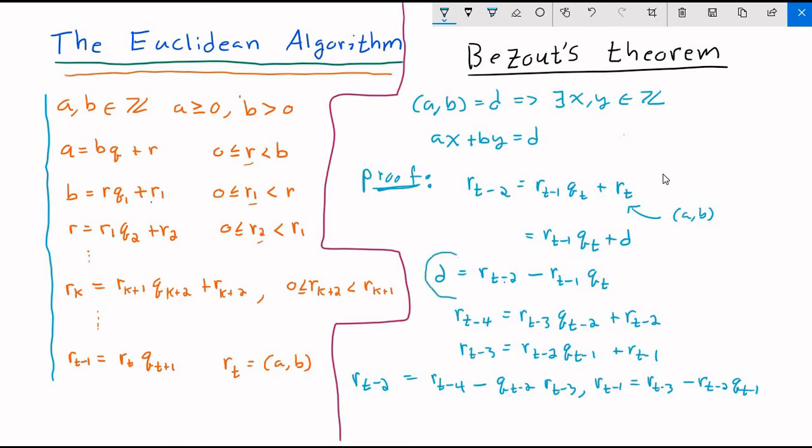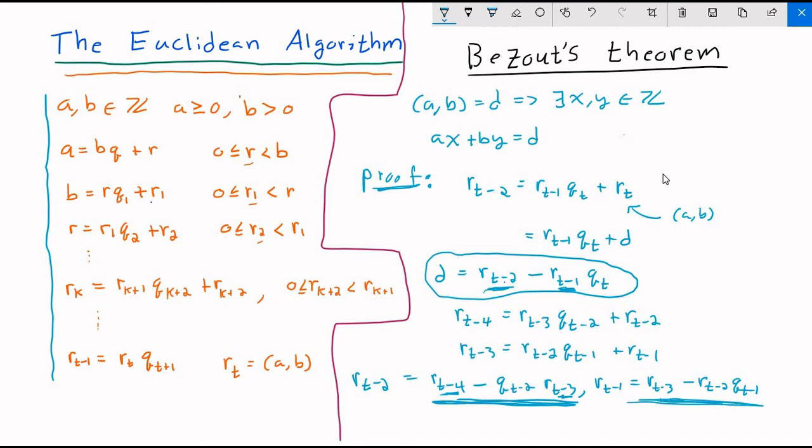Well, our d is written in terms of r t minus 2 and r t minus 1. So I could replace r t minus 2 with this equation involving r t minus 4 and r t minus 3. So in other words, the index of the r is getting smaller. And the same thing happens when I replace r t minus 1 with this equation expressing it in terms of r t minus 3 and r t minus 2.